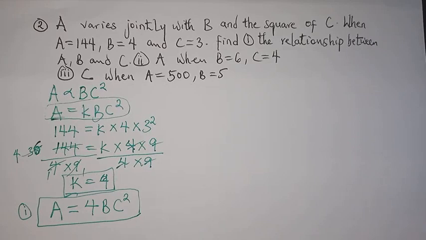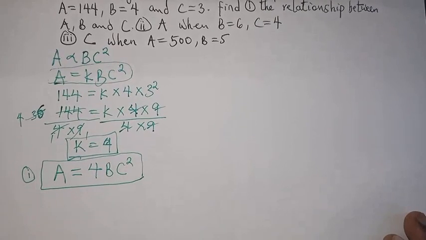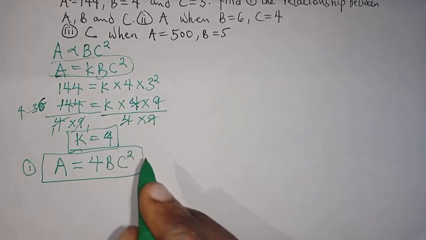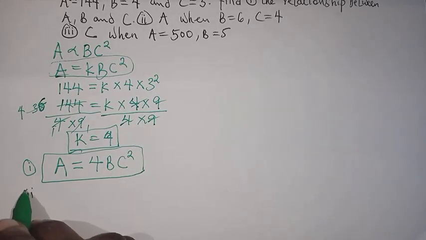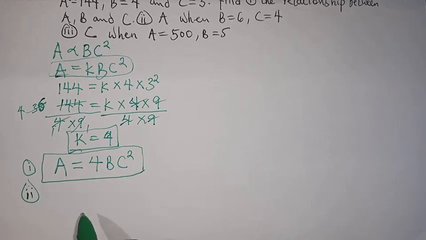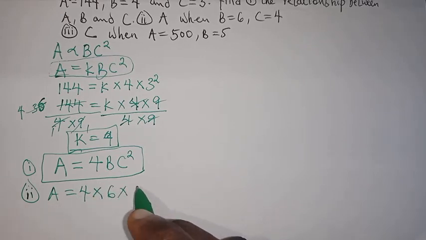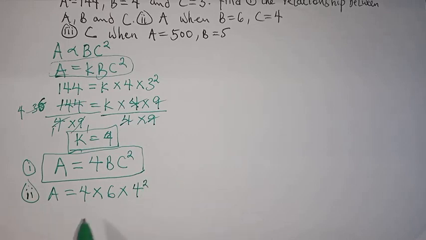Then the next part of the question says, find A when B equals 6 and C equals 4. So from here, A equals 4 times B, which is 6, and then C is 4, so 4 squared.